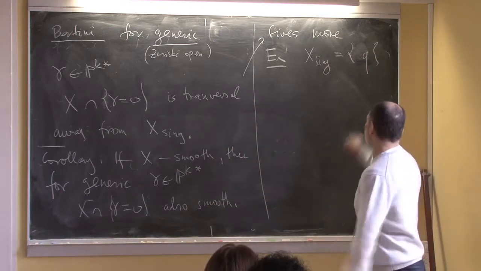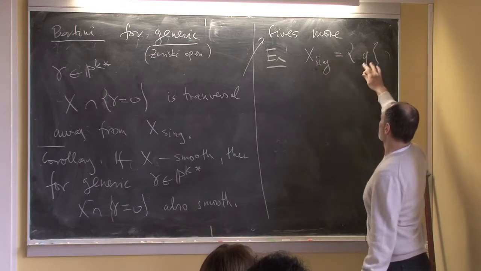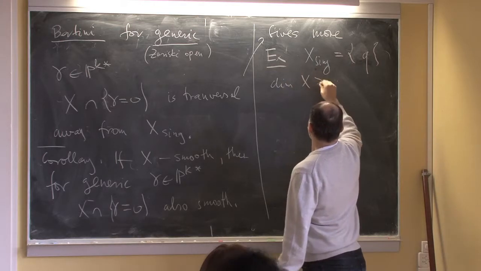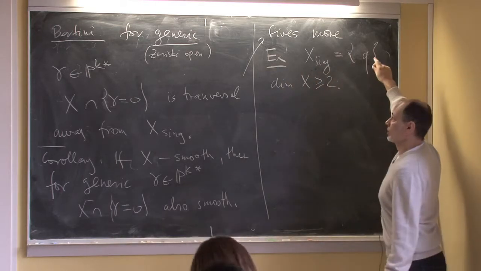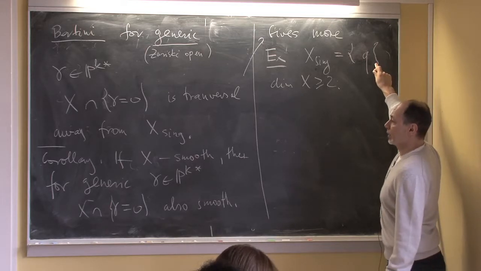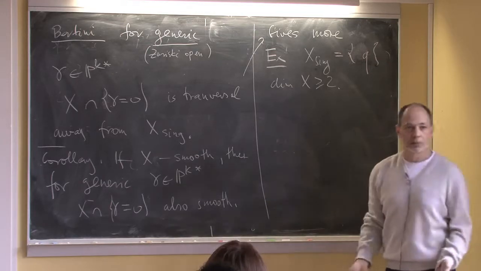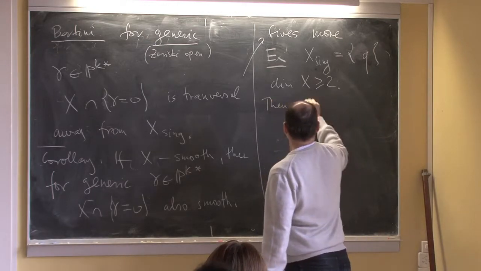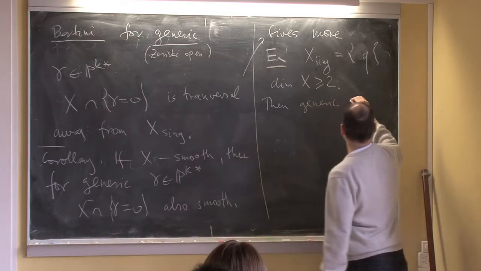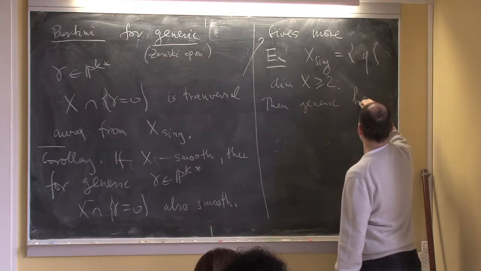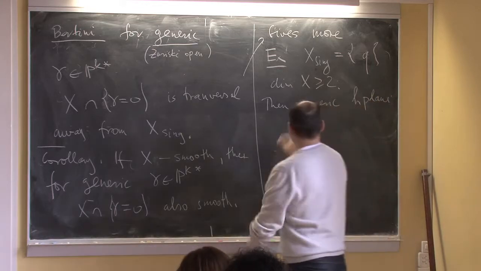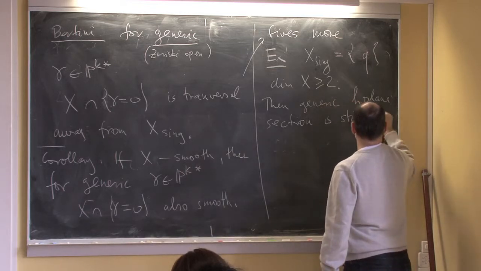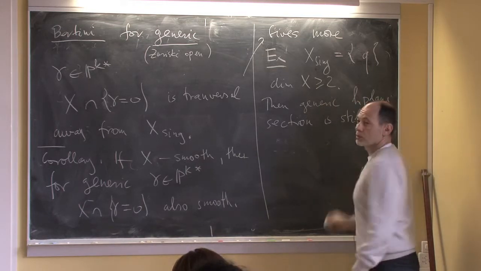So in other words, if you take a singular variety whose dimension is at least 2, and it just has one singular point, then a generic hyperplane section will still be smooth.